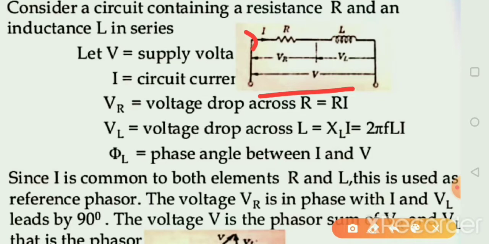Because they are in series, the same current passes through this circuit. Here V is the supply voltage and I is the supply current, VR is the voltage drop across the resistance, VL is the voltage drop across the inductance, and phi is the phase angle between V and I.